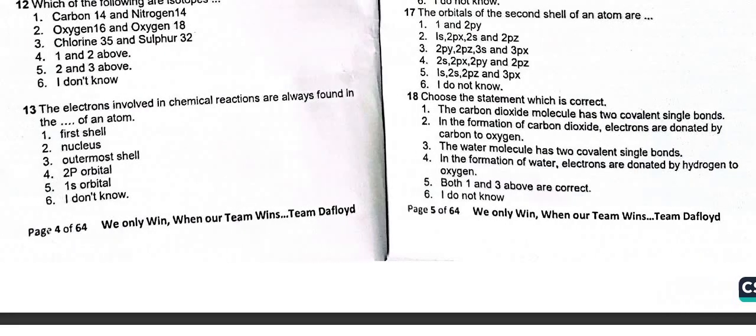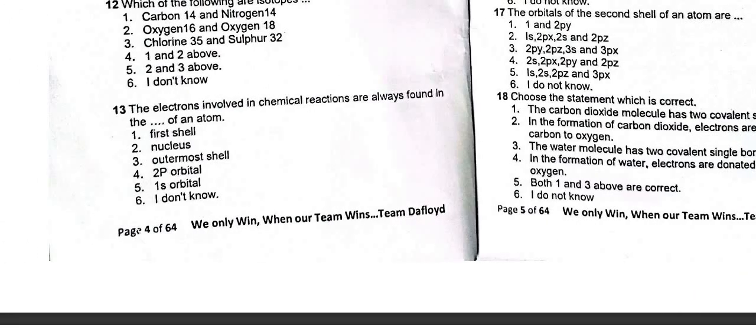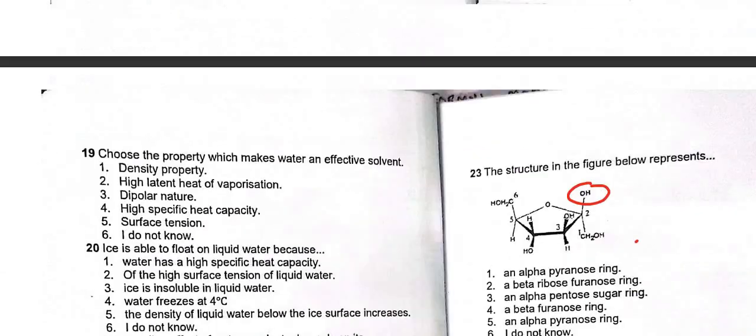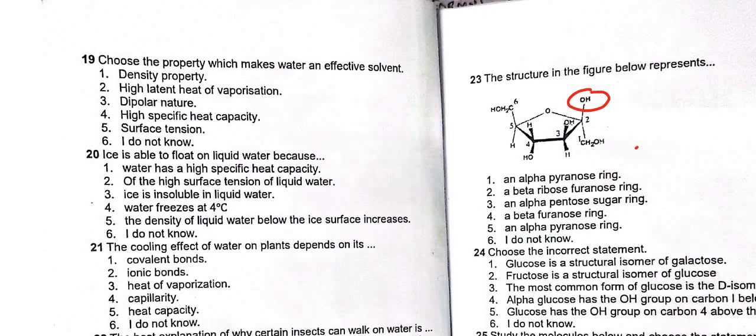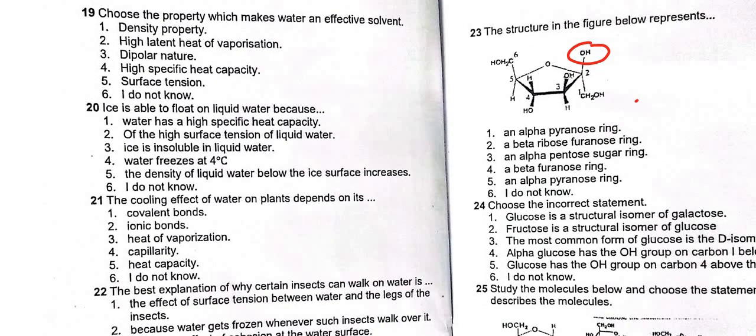So we can go to the next page, which is number 19. They're saying choose the property which makes water an effective solvent. So what makes water an effective solvent? What's the correct answer here, guys?